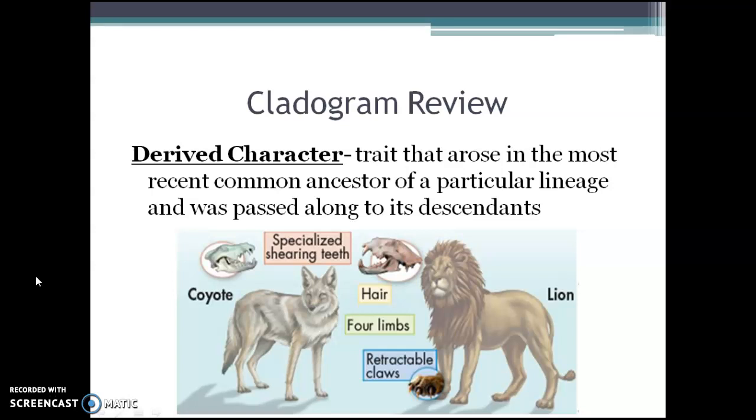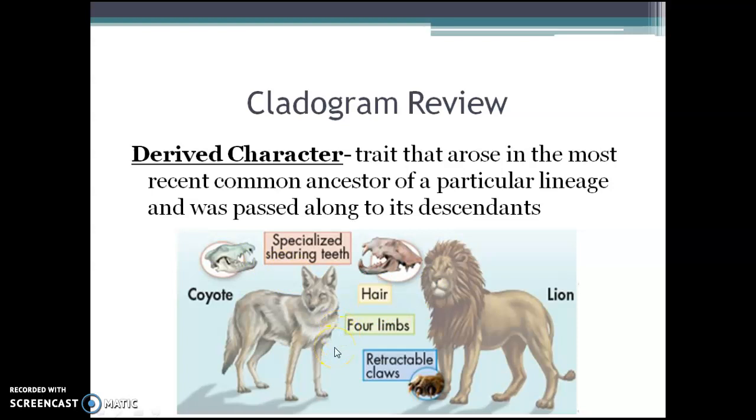But they are both meat eaters, and so we look at some of the shared things that these two animals have. One being specialized shearing teeth used to cut, tear flesh, tear through hide, maybe even kill or obtain a prey animal. Both animals also have hair. They're both mammals. They're also four-legged.